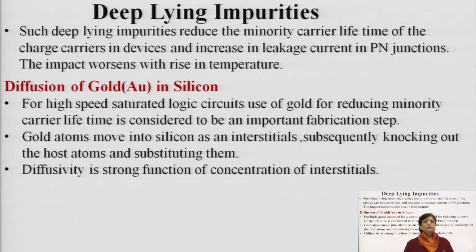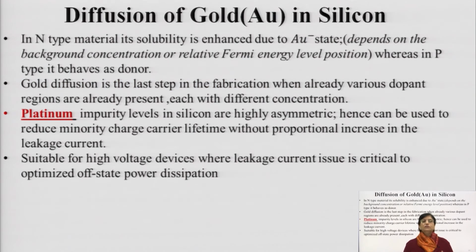The diffusivity is a strong function of the concentration at which interstitials are present within the bulk material. In n-type material, the solubility is enhanced because the gold is available in the Au minus state, that is, it has an excess electron.